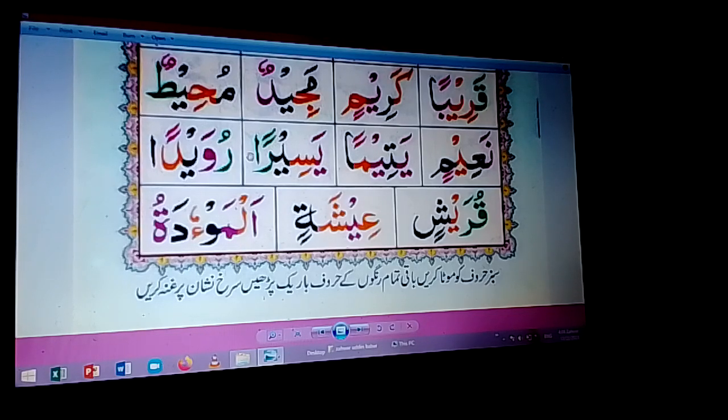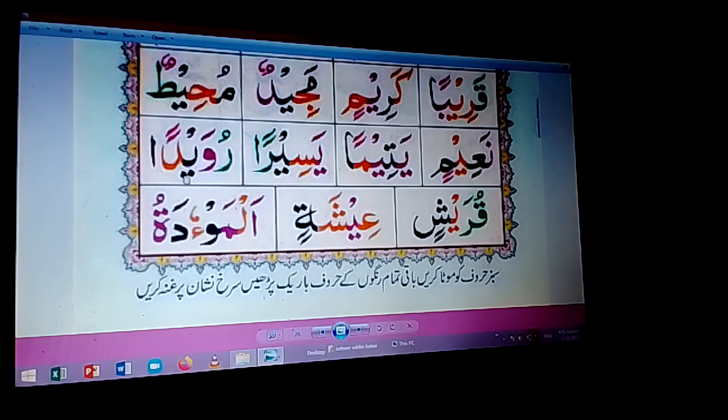But from here onward, I mean the next four words, this one, and three letters in the last line, you can see there is also ya silent. But because of this ya silent, the letter wouldn't be prolonged.